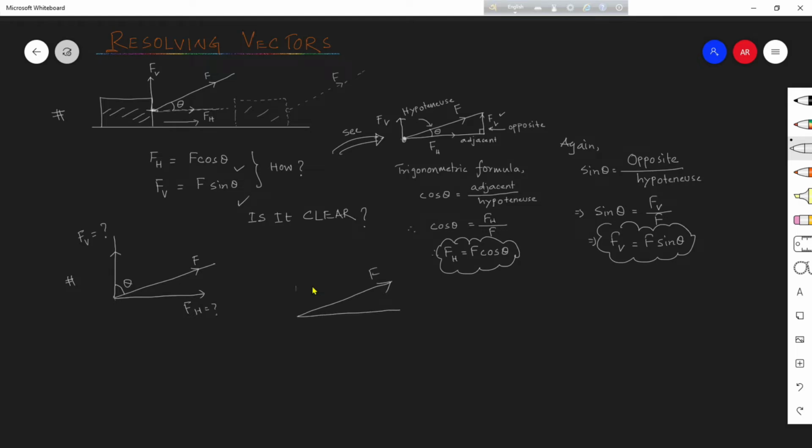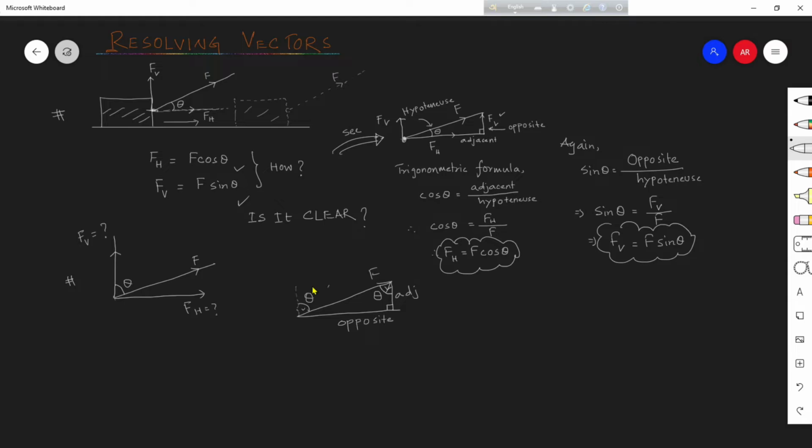So I drew it again. F is along the slanted direction. It made an angle theta with the vertical. So I shifted the vertical line from the head of this F, and I made the right angle triangle. Since this is theta, that one also is theta, alternate angles.